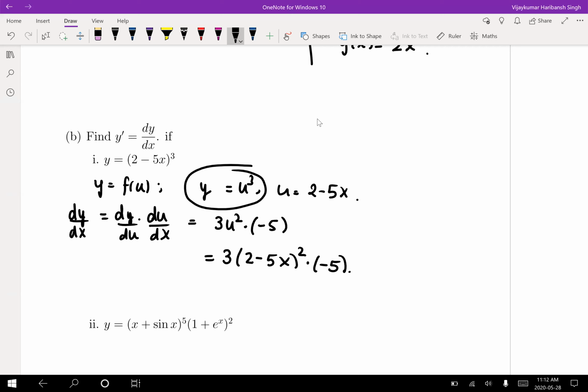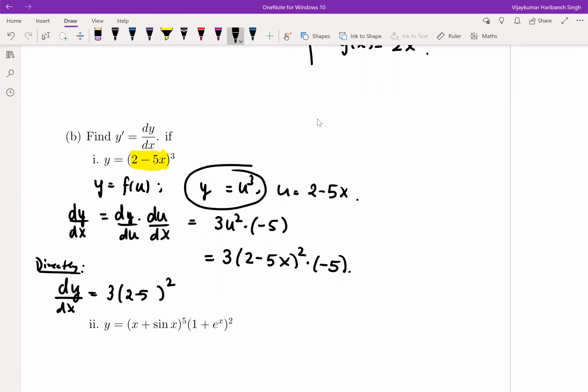Yeah. Now there's another way to look at this. You can do it directly, dy by dx directly. Now what is the derivative of x cubed? The derivative of x cubed is 3x squared, right? So think about this momentarily as an x. So you get 3 times 2 minus 5x, so I'm treating this momentarily as x, so x squared, so I get 2 minus 5x.